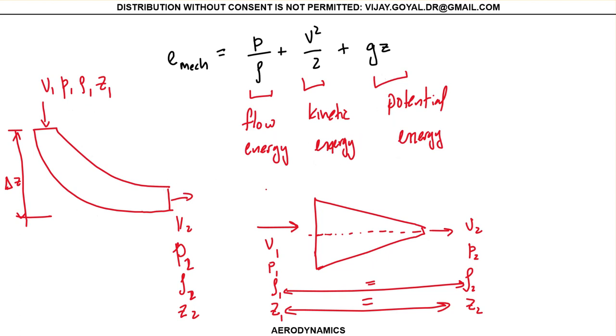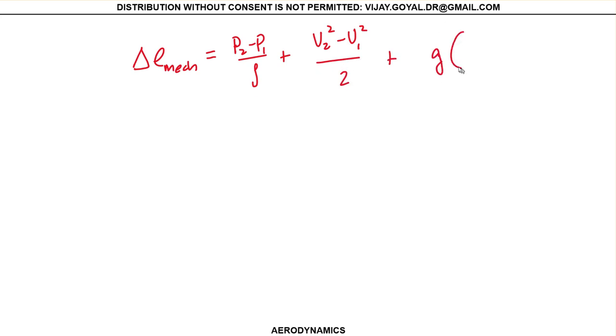Okay, a couple more things to fix before we move on to the Bernoulli equation. When this is the mechanical energy, you can write the change as delta P over rho, that is (P2 minus P1) over rho, plus (V2 squared minus V1 squared) divided by 2, plus g times (z2 minus z1).